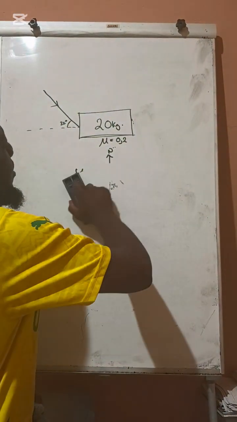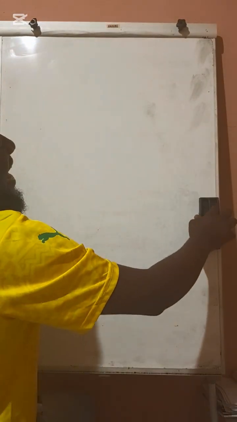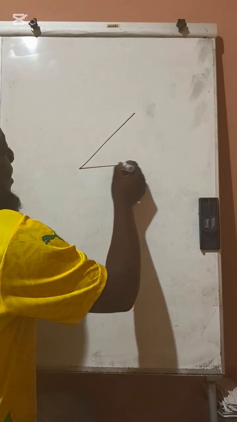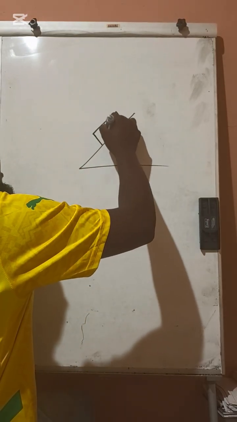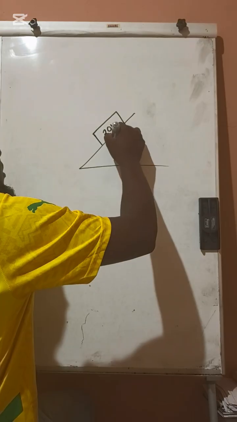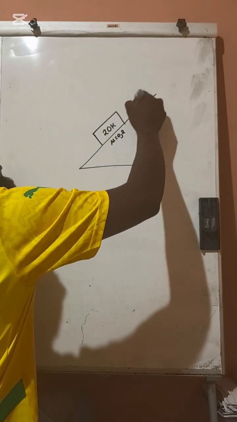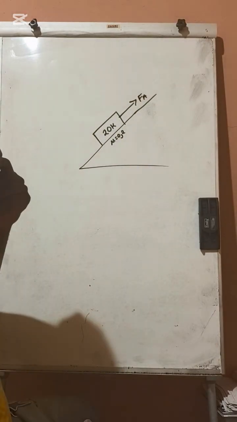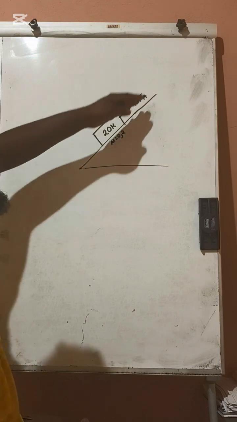The last scenario. We are now having an object on an inclined plane. This is an inclined plane where we have our object, same mass 20 kg, coefficient 0.2. Then let's say there is a force applied in this direction. This is now our ground, the reference point.